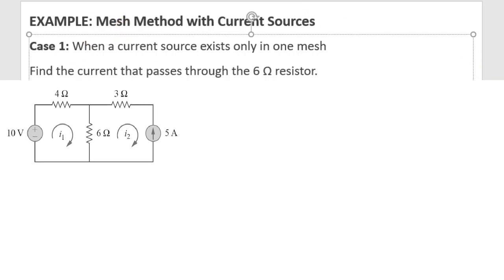For this example, we are to solve for the current that passes through the 6 ohm resistor. So for the first step, this is case 1. For the first step, we are to form loops and name them as loop currents. And next to that is to form the KVL equation.